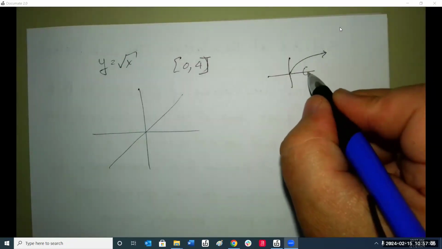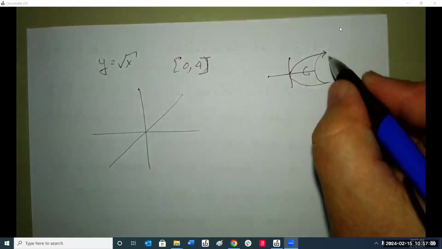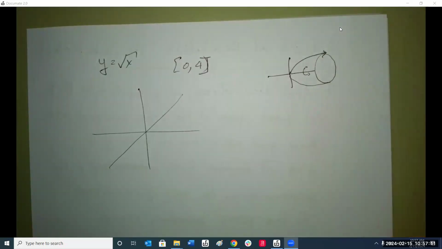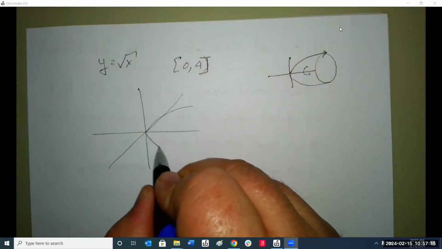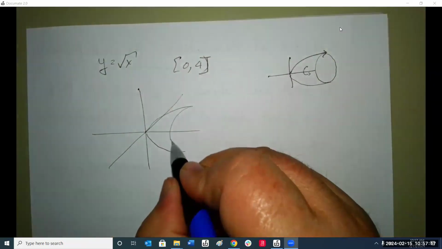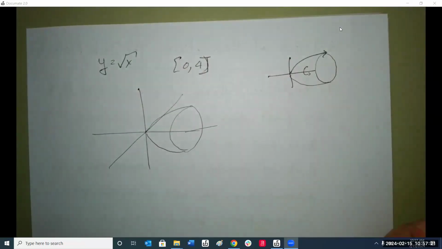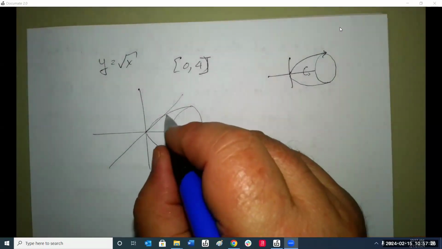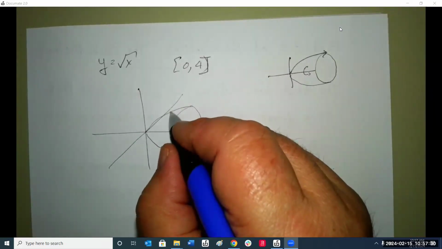And since we're rotating about the x-axis, it'll be that picture. And we put the slice in the middle somewhere.